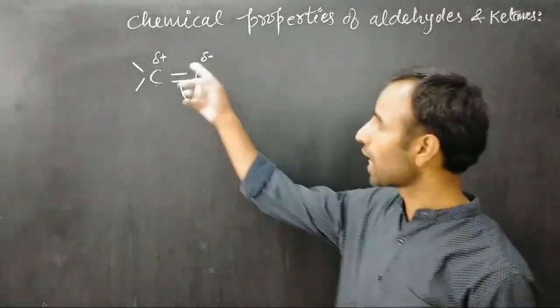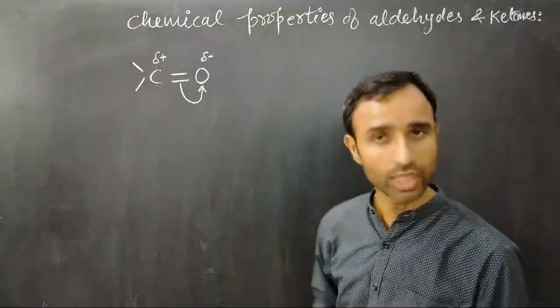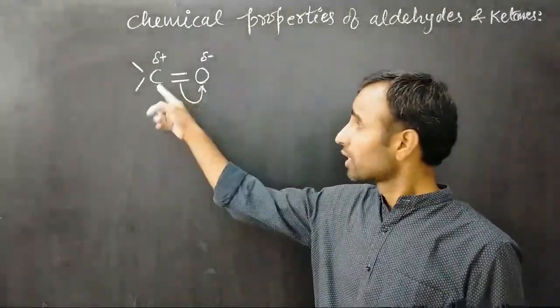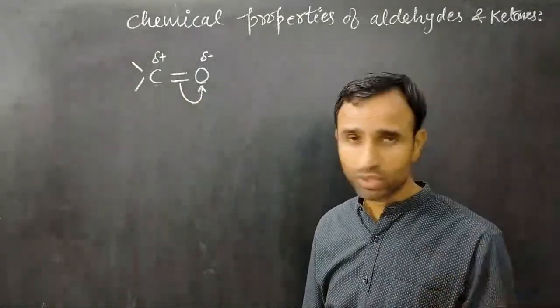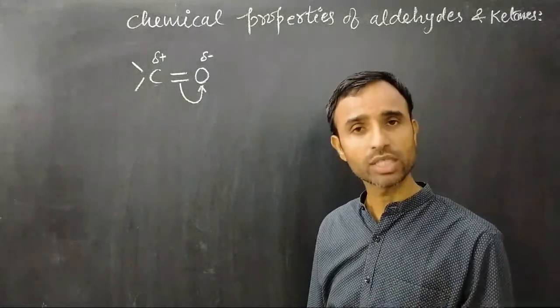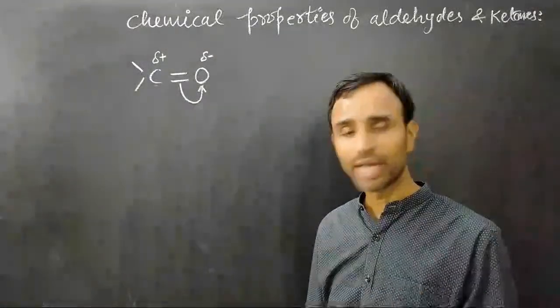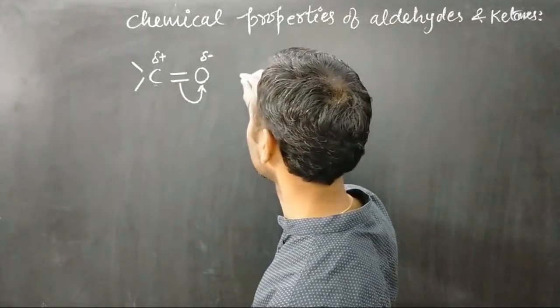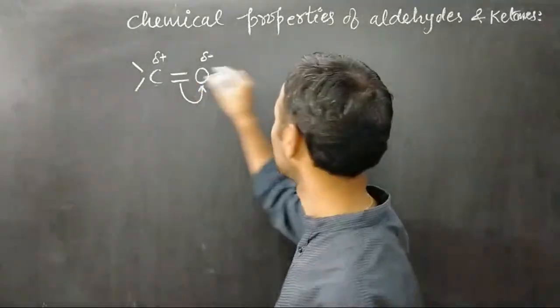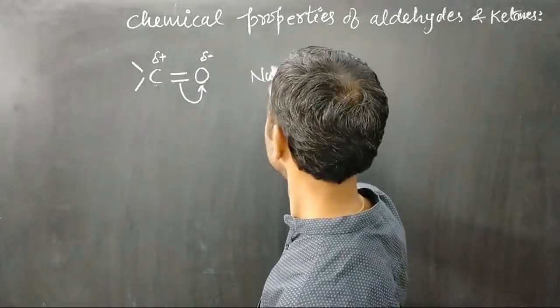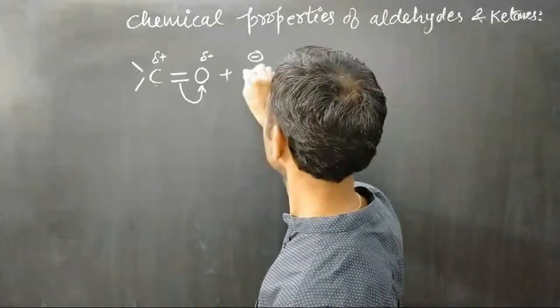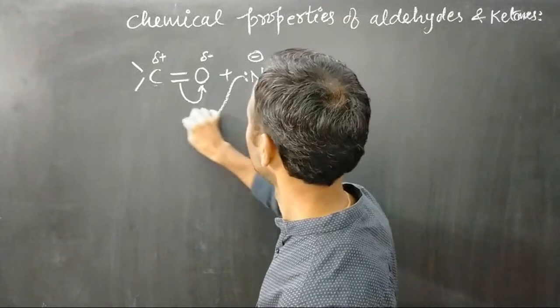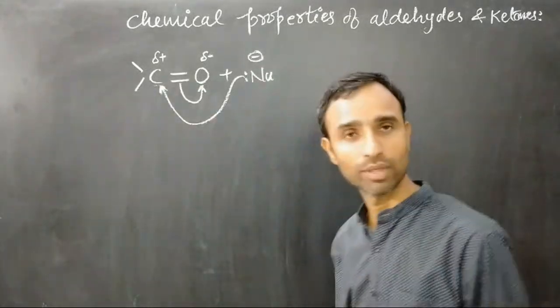So when the pi bond goes towards oxygen, carbon gets complete positive charge and oxygen gets complete negative charge. So the nucleophile will attack on carbon.